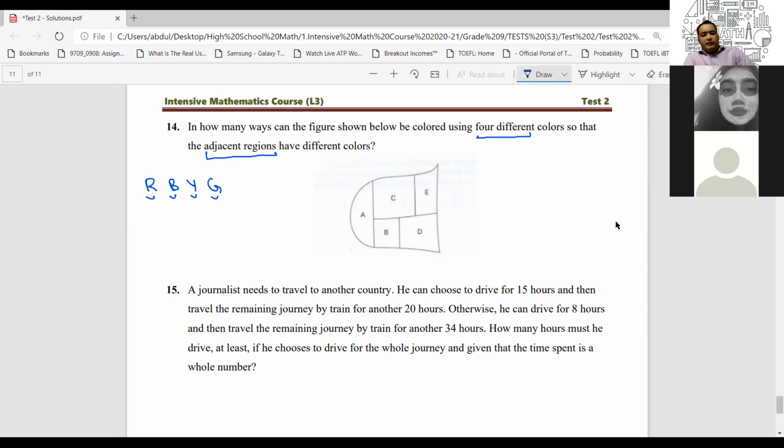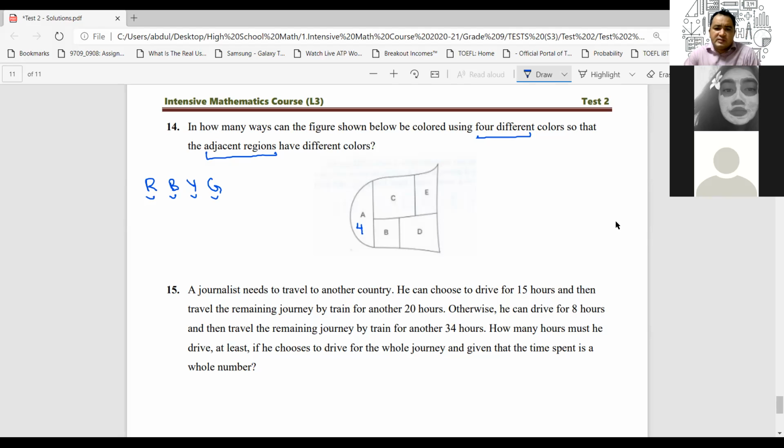Now I start painting from the leftmost side. The first region is A, right? So how many different ways can I color A? 4, right? Either red or blue or yellow or green. So here I have 4 choices.